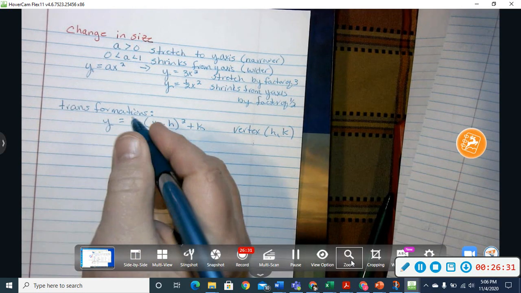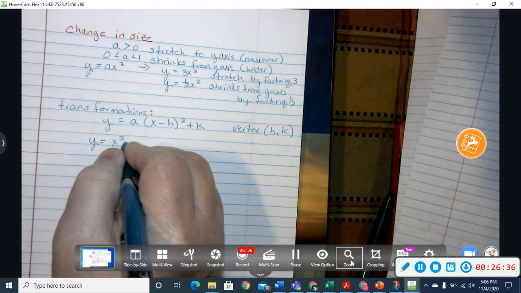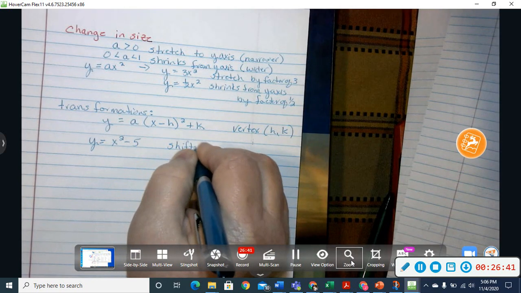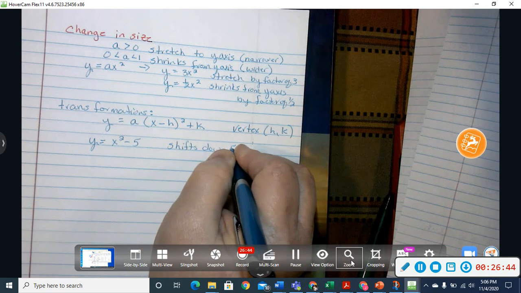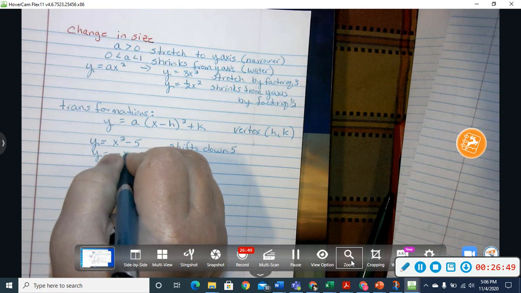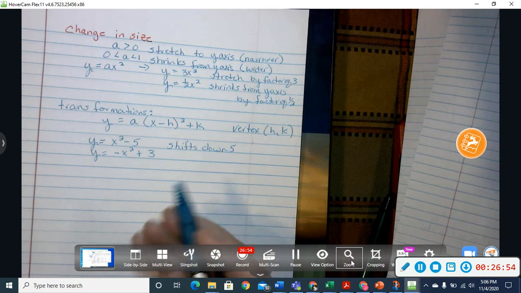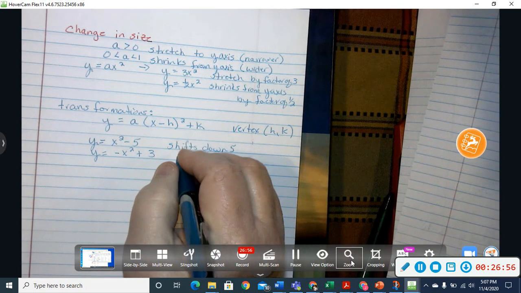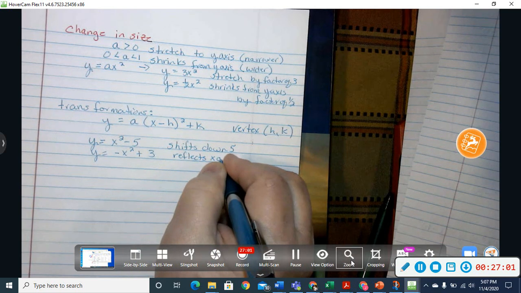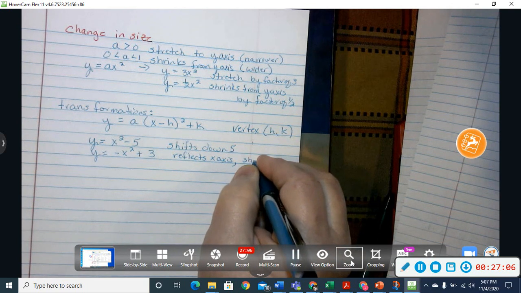So if we had a couple of examples here, y equals x squared minus 5, this graph shifts down 5. If we had y equals negative x squared plus 3, this is a couple of transformations together. So this one reflects over the x-axis, and it also shifts up 3.